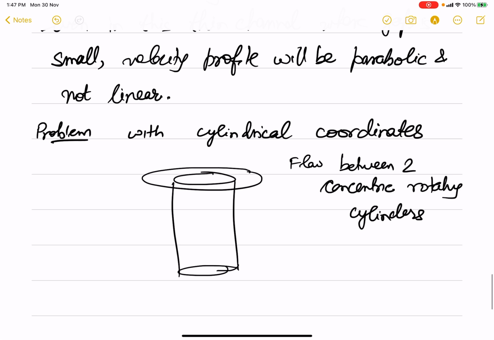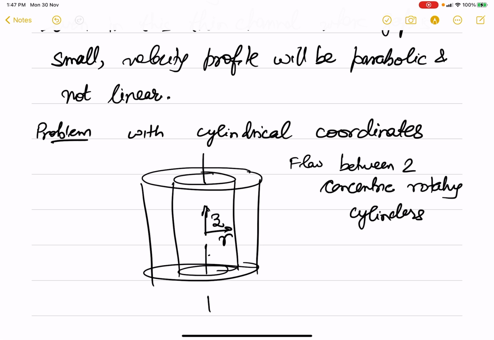So we have these two cylinders, here this is the Z direction, this is the R direction, this radius is R1, the outer radius is R2.